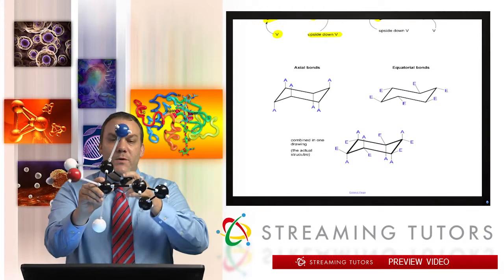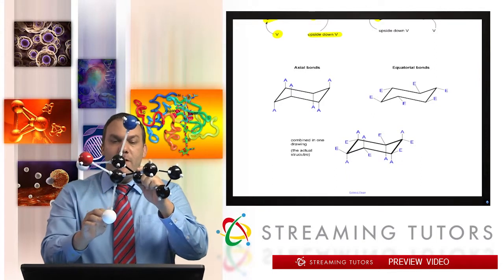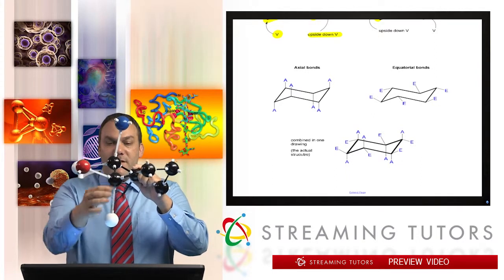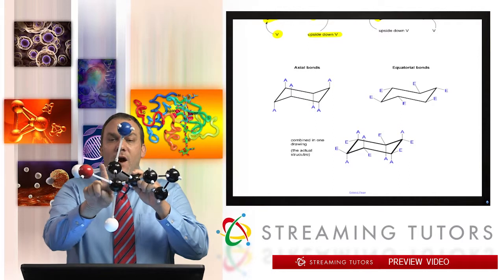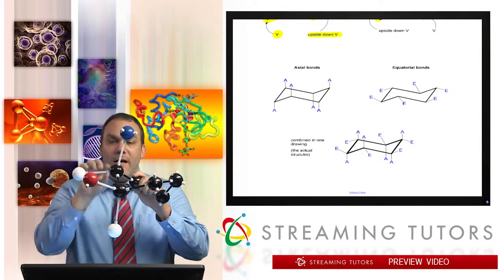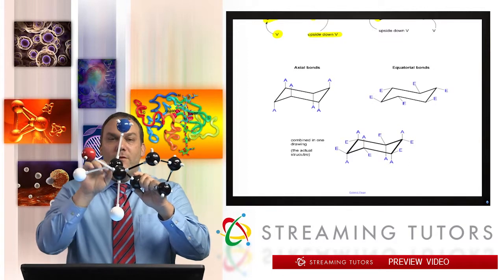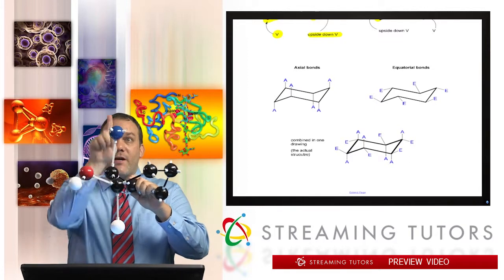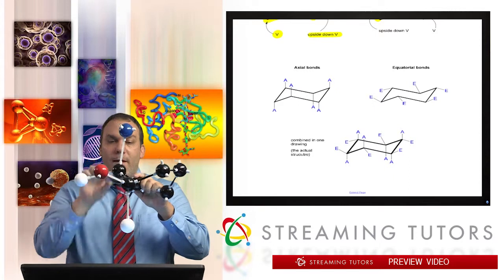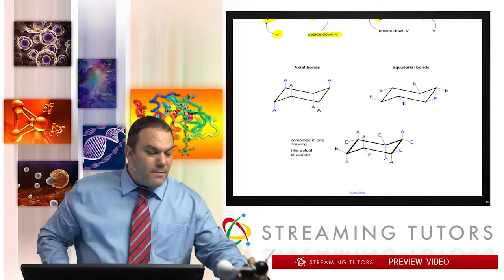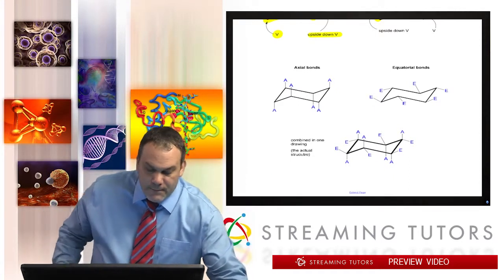If I twist it a little bit, it'll be the right geometry. So this is up and this is down. This one is up in a direction going outward, and this is down in a direction going outward as well. You have a straight down, a straight up, and then on an angle up and on an angle down. Just keep that in mind. That's what we're going to see right now.